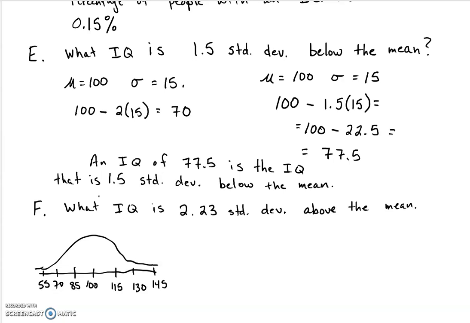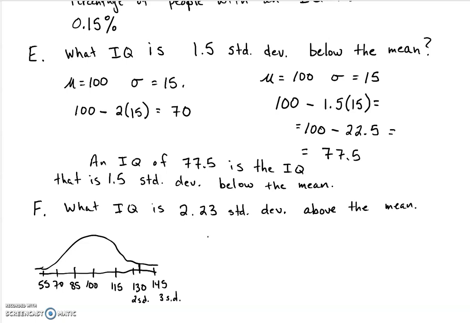Everything's labeled. Doesn't matter how good your picture is. So if we need 2.23 standard deviations above the mean, we know that 130 is 2 standard deviations and 145 is 3 standard deviations. So the number we're looking for has to be somewhere in here.